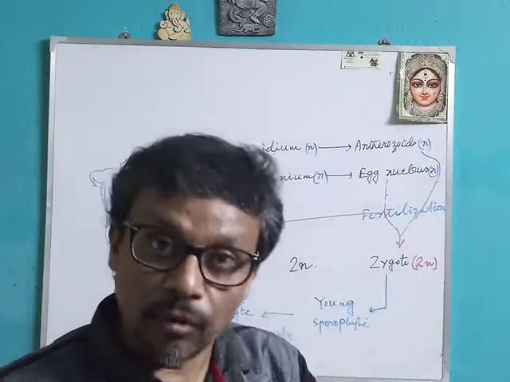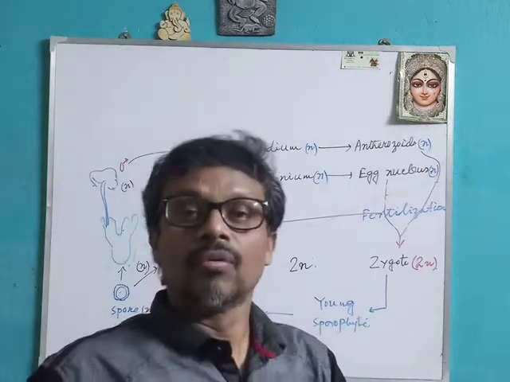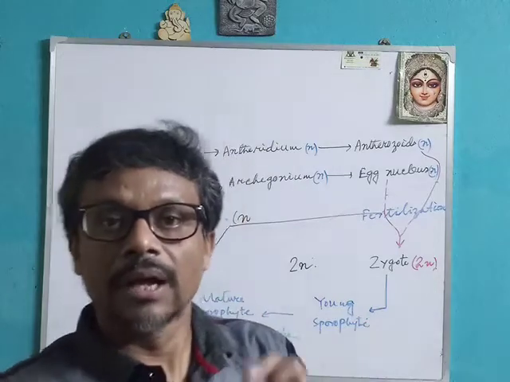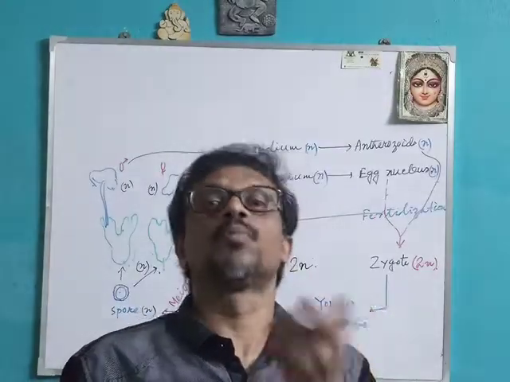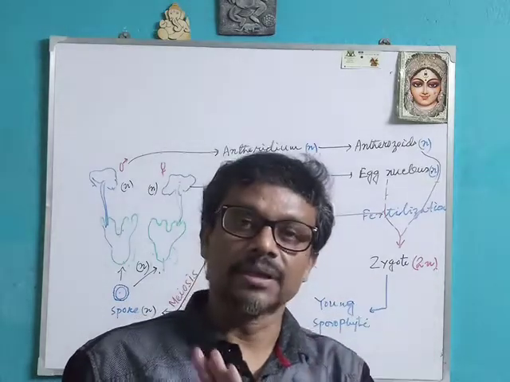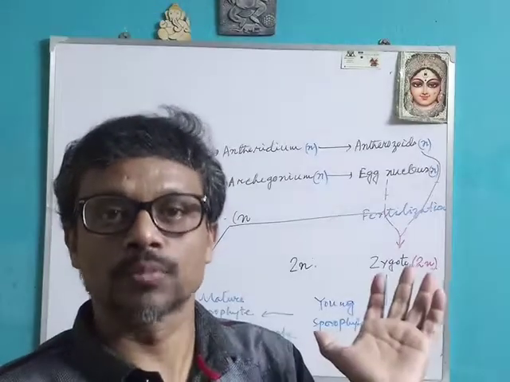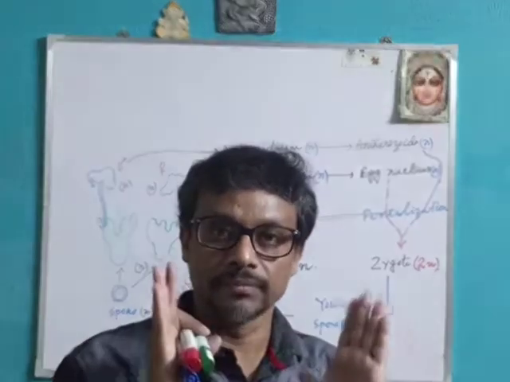Another most important feature is the occurrence of elaters, a very unique structure that probably helps in dispersal of the spores. They are sterile, but ultimately help in better dispersal of the spores. So these are the basic features of Marchantia. That's all.